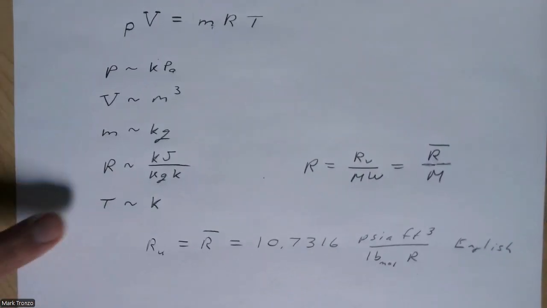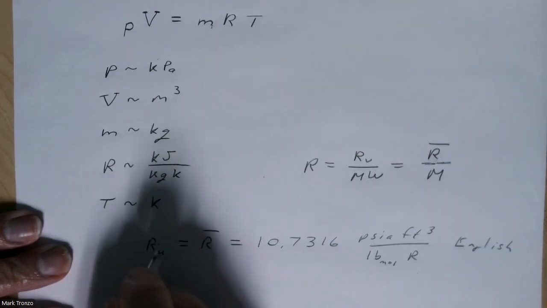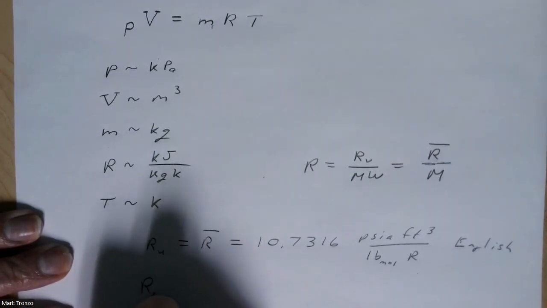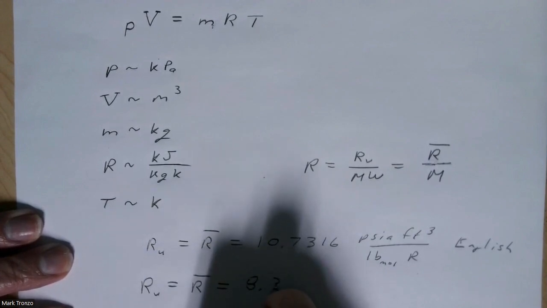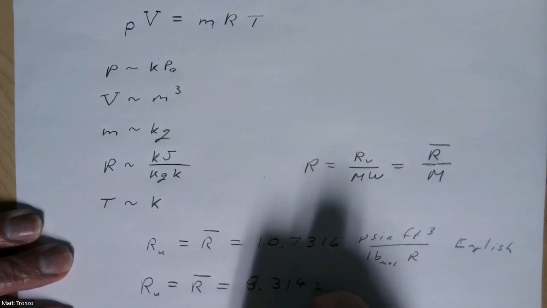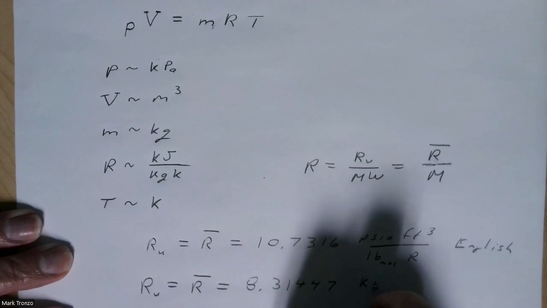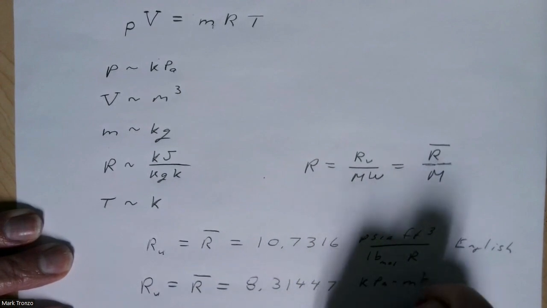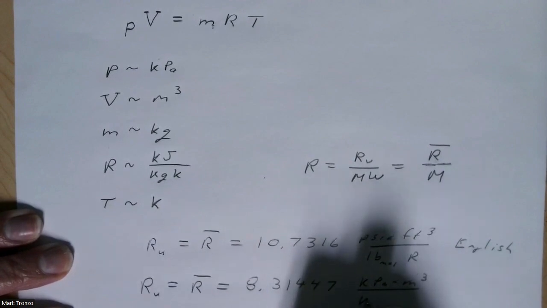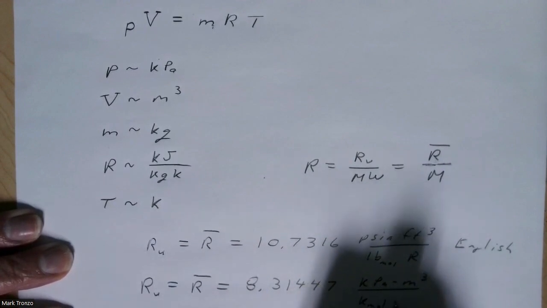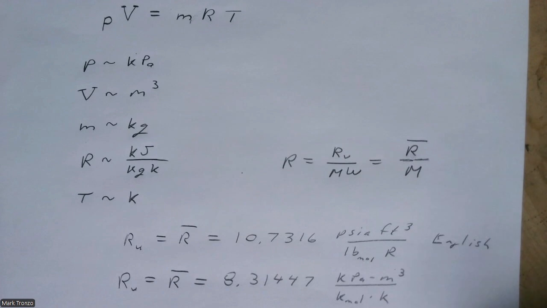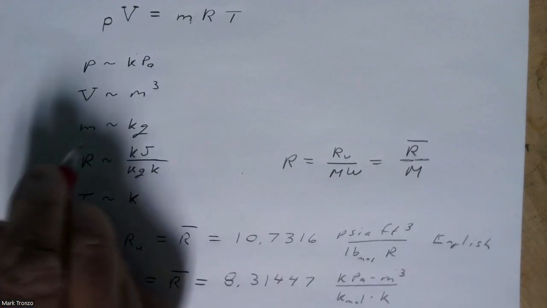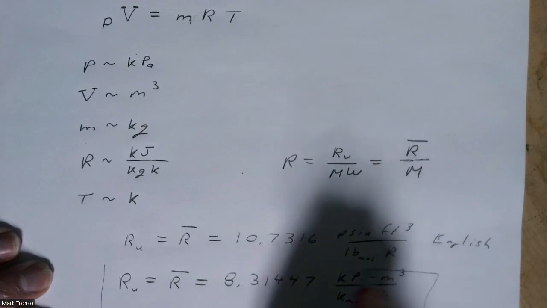And though over here I've used metric or SI units, and for SI units, 8.31447 kPa meters cubed over kmole K, like this. So again, for SI units, which we have over here, we use this.